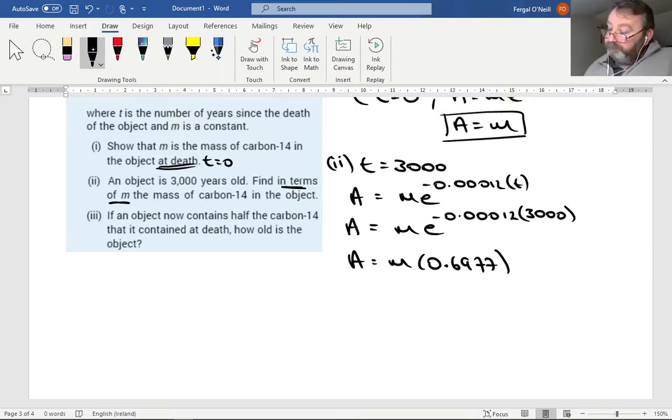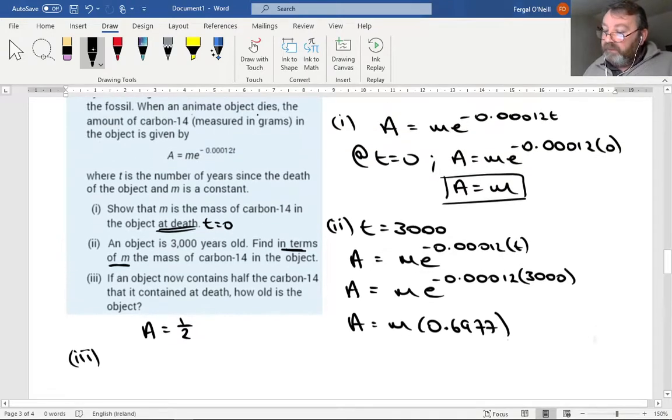Okay, and the last part, part 3. If an object now contains half the carbon-14 that it contained at death, so in other words, A equals a half, because we're dealing with a half of the mass. Now let's think about this. A equals a half of what? A equals a half of the original mass of carbon-14.